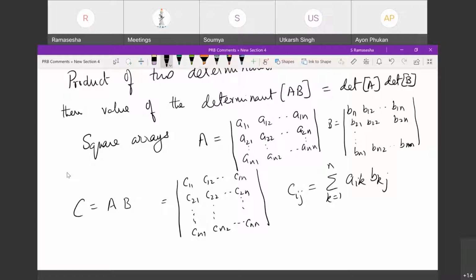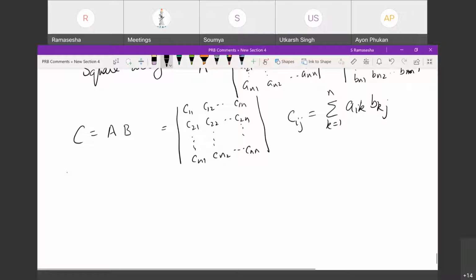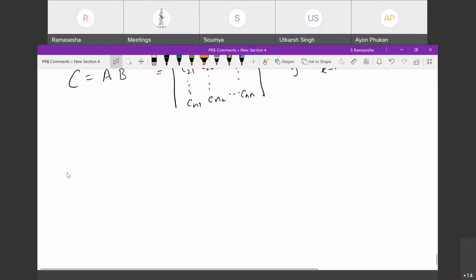Okay. So now, the idea is to show that determinant C is equal to determinant A times determinant B.